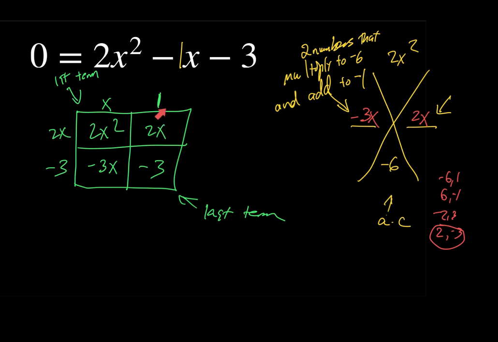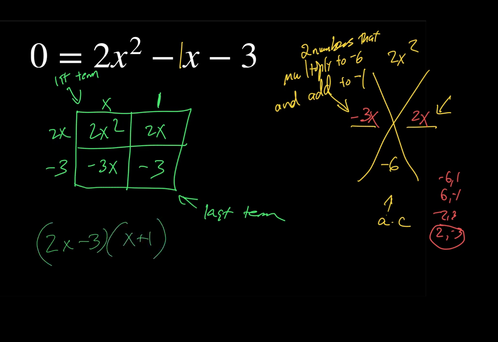This box here has dimensions of 2x and positive 1. All of these work to give me all of this. It's 2x squared minus 3x plus 2x, that's minus 1x, and a negative 3, which means my factors are 2x minus 3 and x plus 1.